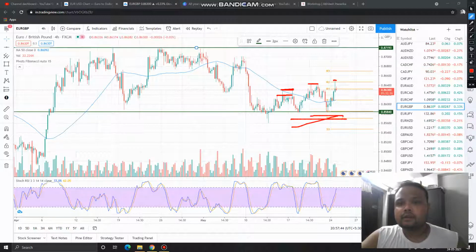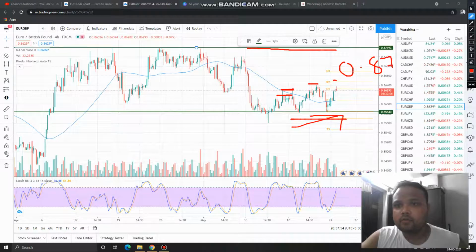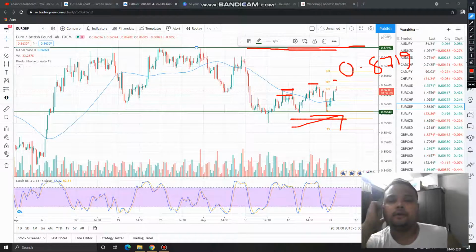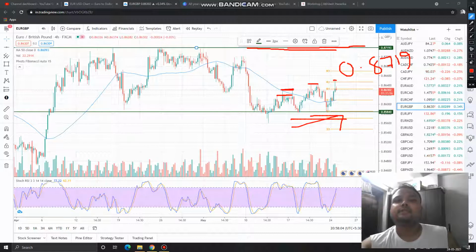This particular level, 0.8585, and the second best position on this chart is this level, 0.8719. This is your second best trading opportunity. Right now, the current market price is far away from this resistance level.